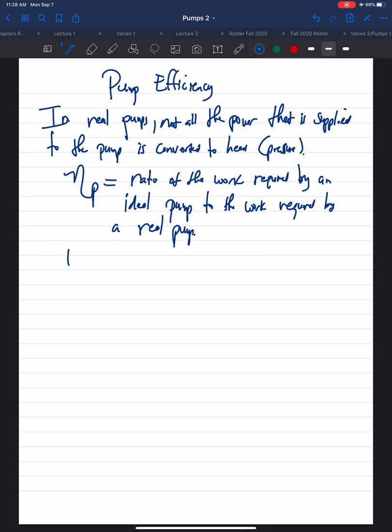An ideal pump is a pump in which all work is converted to head.